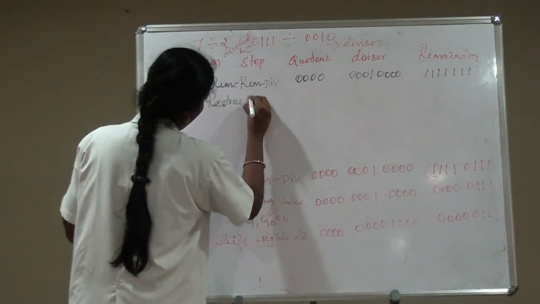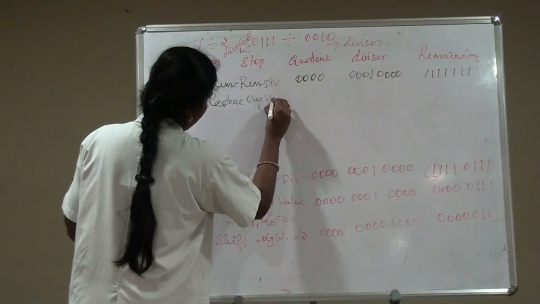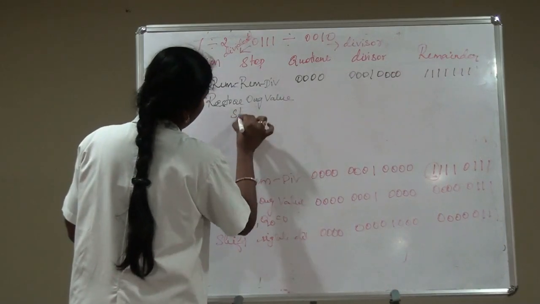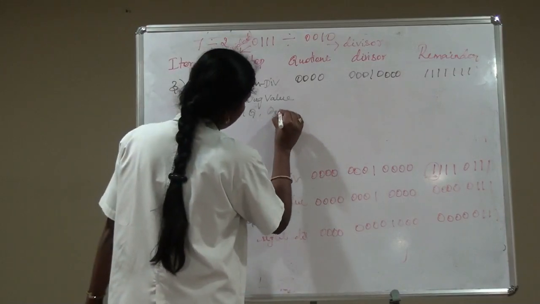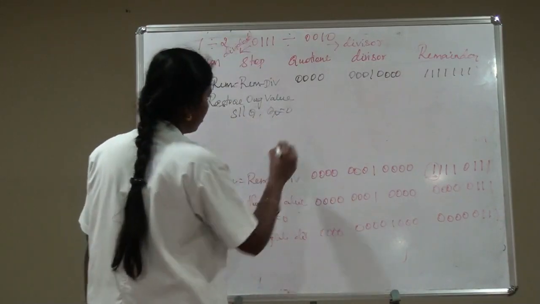Again repeat the same step. Set the quotient register's last bit equal to 0.